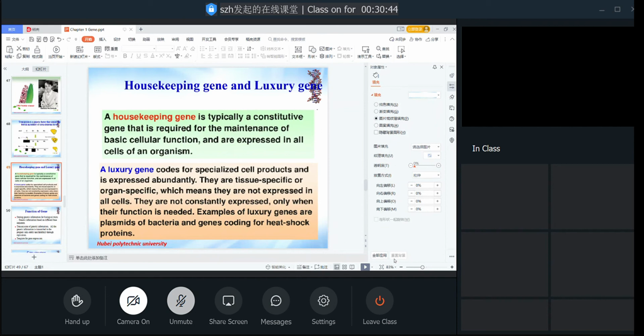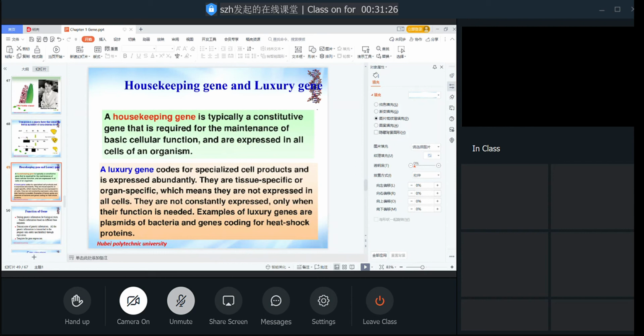These are tissue specific or organ specific, which means they are not constantly expressed, only when their function is needed. Examples of luxury genes are hemoglobins in the red blood cell and the genes coding the heat shock protein. All of these kinds of genes are called luxury genes.